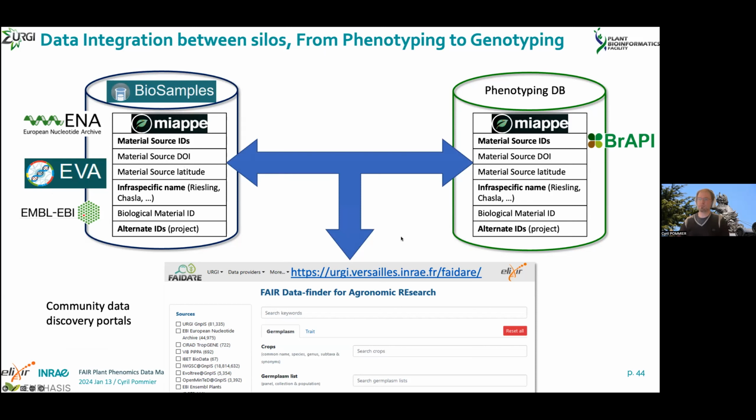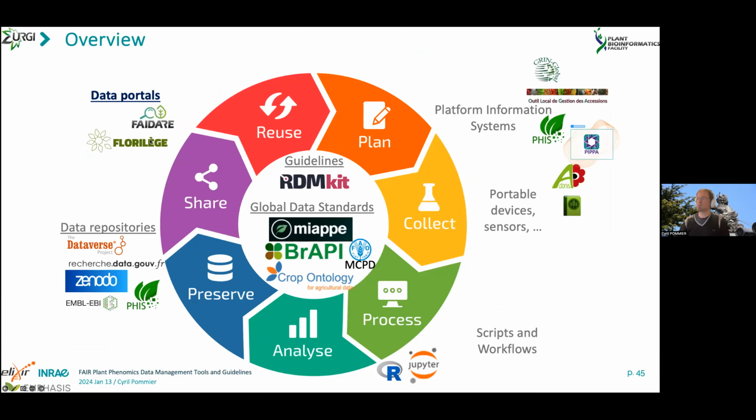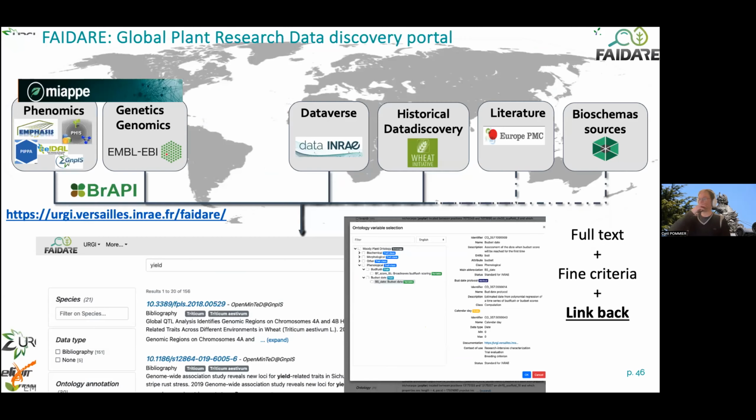This is first, of course, to be able to build integrated datasets, or at least to find related datasets through community data discovery portals such as FAIDARE. So FAIDARE is one of the data portals that is being proposed in Europe. Florilège is built in France, especially for plant genetic resources.